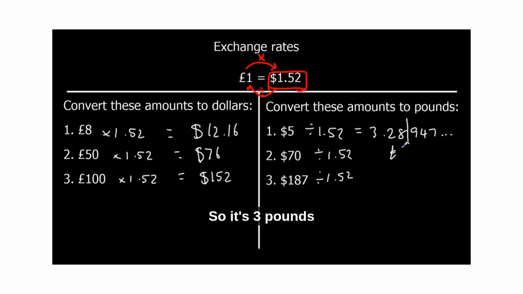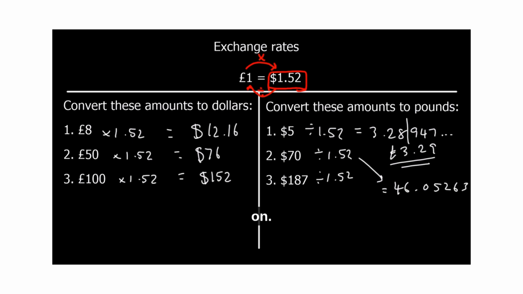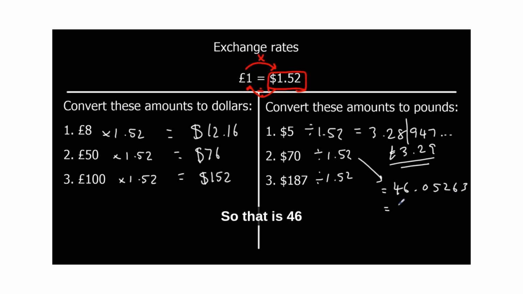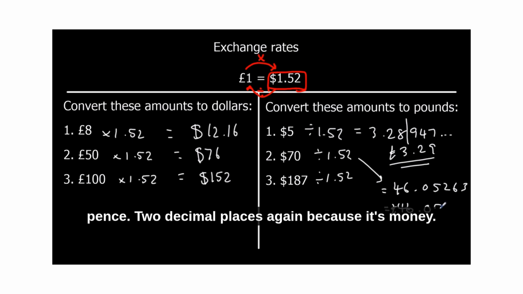So it's £3.29. 70 divide by 1.52, again a big decimal number, 46.05263 and so on, so that is £46.05. 2 decimal places again because it's money.